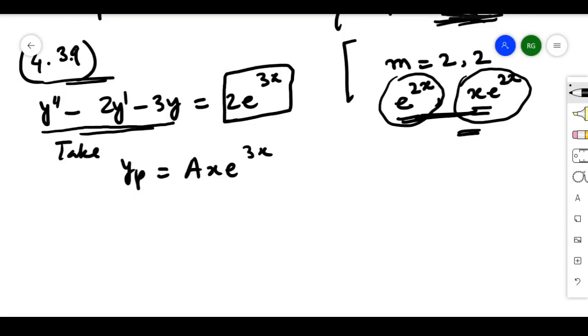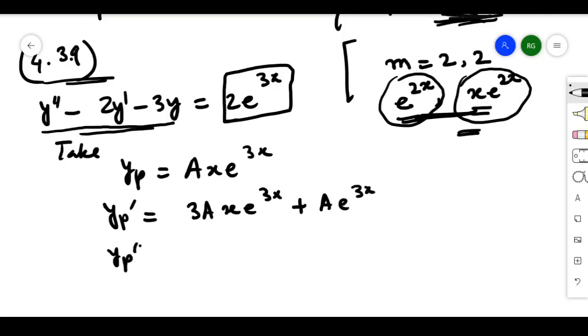Now we proceed. Let us differentiate with respect to x once and twice. Then I shall get yp prime equal to 3a x e to the power 3x plus a e to the power 3x. Then if I differentiate it again, I shall get yp double prime, and that is 9ax e to the power 3x plus 6a e to the power 3x.